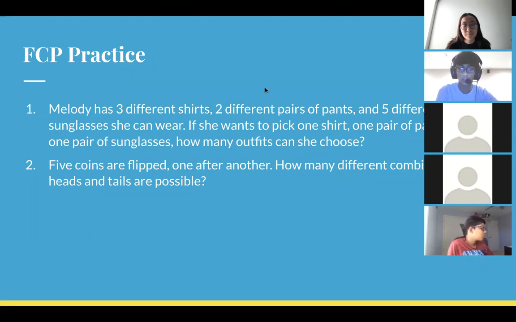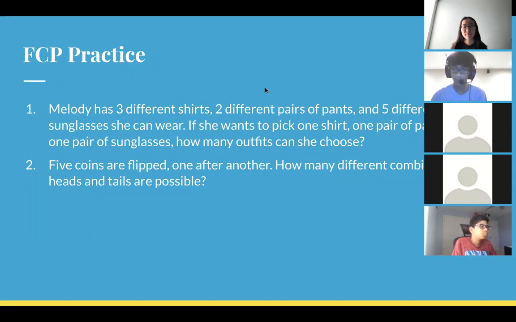Okay. So we have a divide here. So 2 people think that the answer is 32, and 4 people think the answer is 10. So does anyone want to volunteer and explain why they think the answer is 10 or why they think the answer is 32? Can I go?